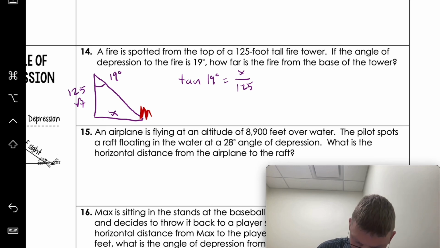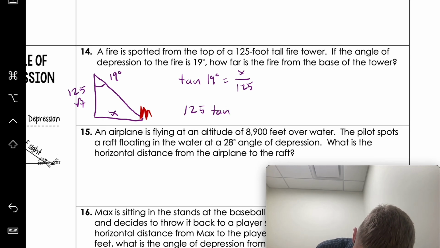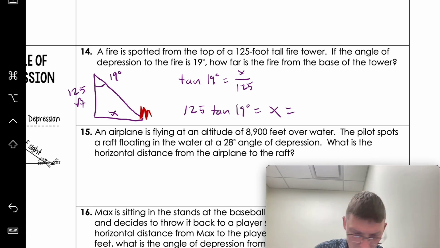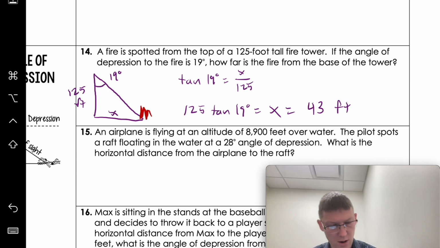Then we're going to move the 125 to the other side, so it's going to be 125 tangent of 19 degrees equals x. I'm just going to throw that in my calculator, times tangent of 19. So our x is equal to 43 feet from the tower. That seems a little close.